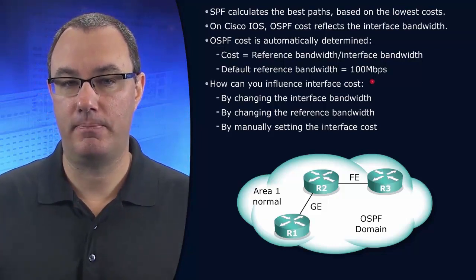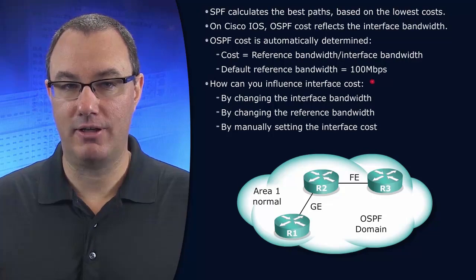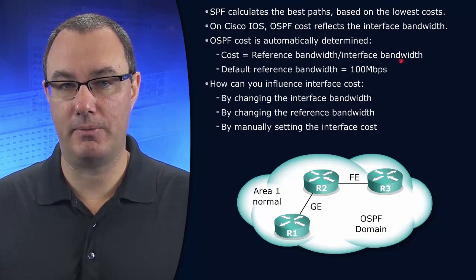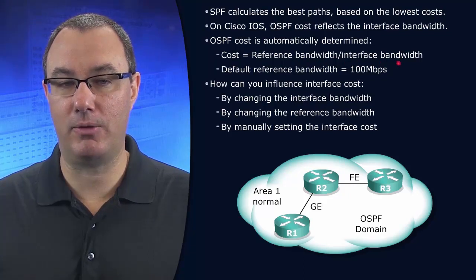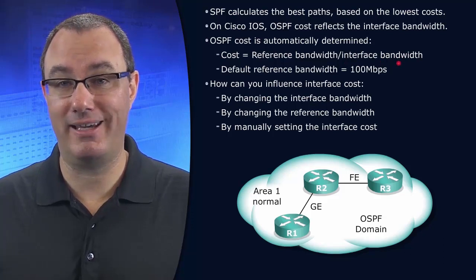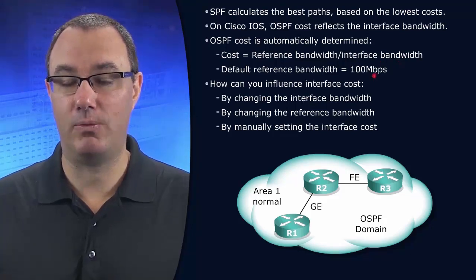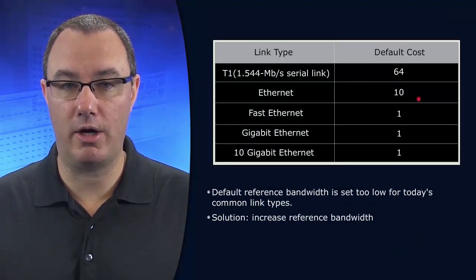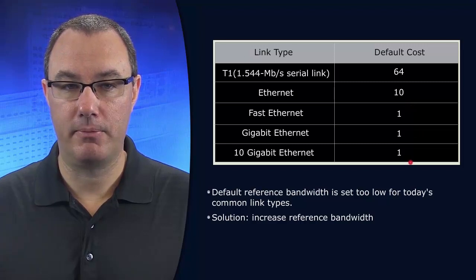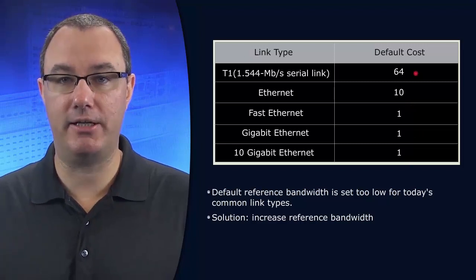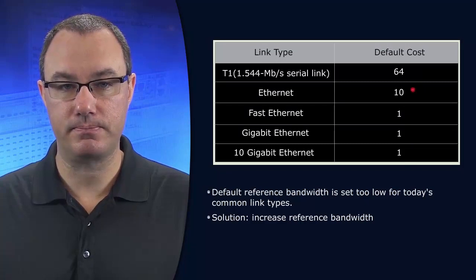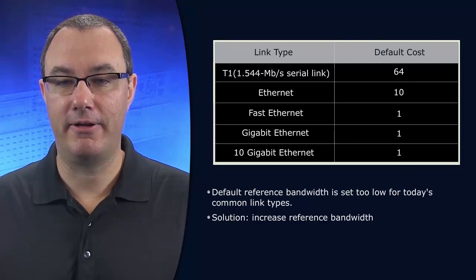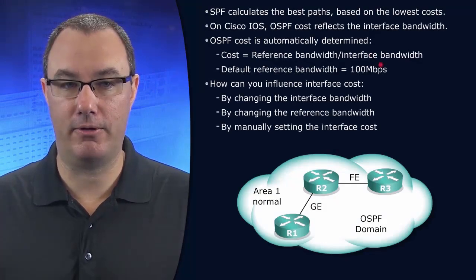And that's good to do because the problem is if you divide anything that's greater than 100 megabits per second into this, let's say your interface bandwidth is 500 megs or a gig or 10 gig, if your reference bandwidth is 100 megabits per second, then your cost is going to be 1. This is really problematic. By the way, it's good to know that T1 speed is a cost of 64. Ethernet is 10.